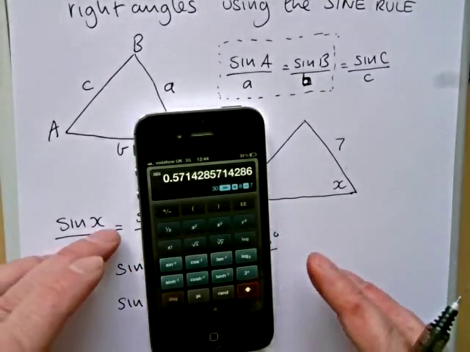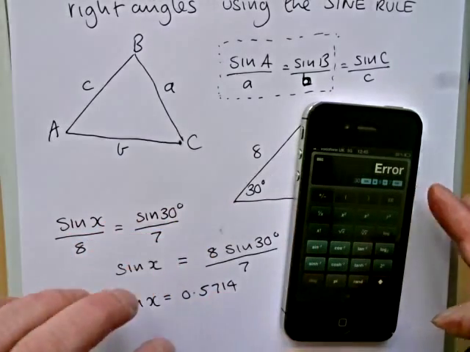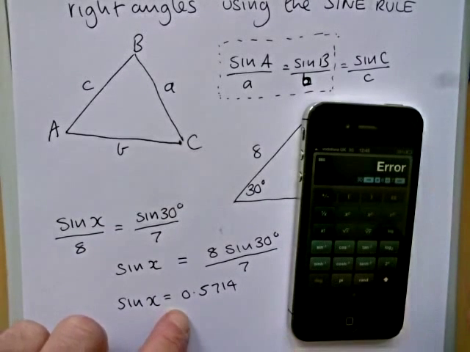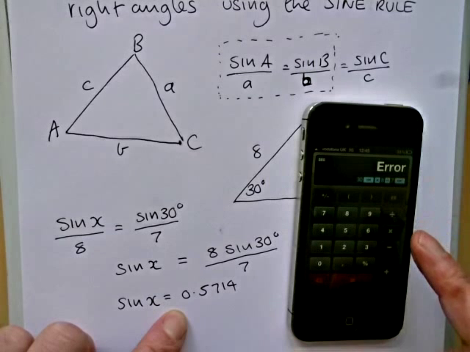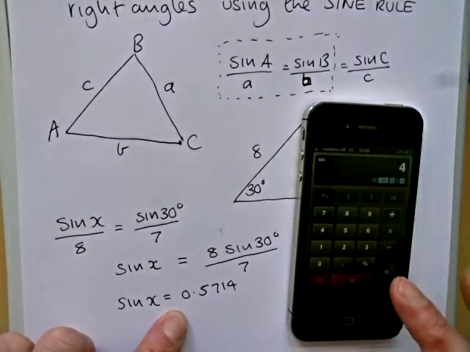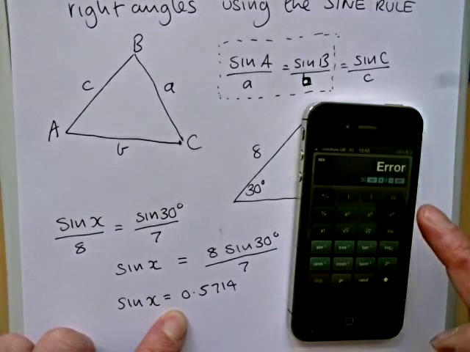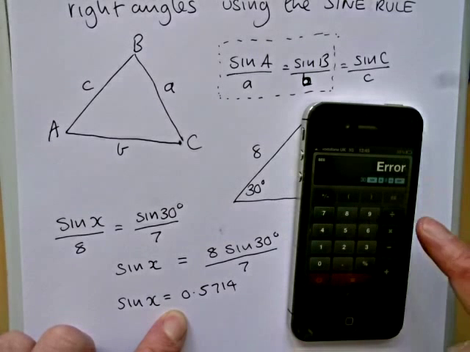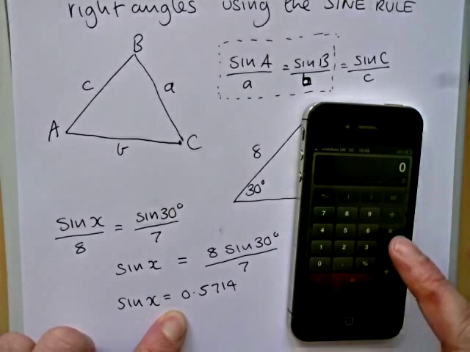So if we press sine minus 1, okay, didn't like that, so it's just as well I have the 0.5714 written down. So I'm going to cancel that, and I'll try it the other way around this time. I'll go sine minus 1, no, it doesn't like that. Right, so try once more.